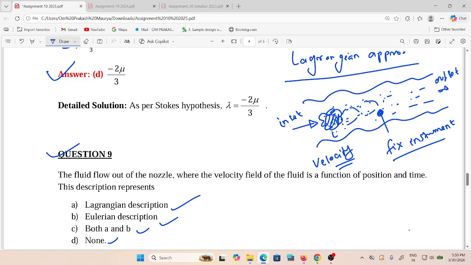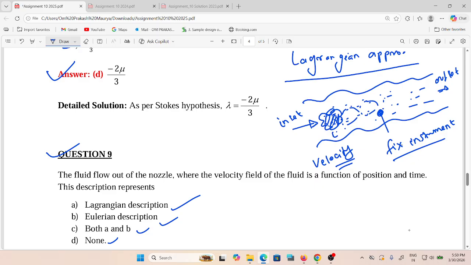As the fluid parcel changes its i and j direction, means the coordinates change in the xyz direction, your instrument also changes with that. The instrument is measuring the velocity of that particular fluid parcel.